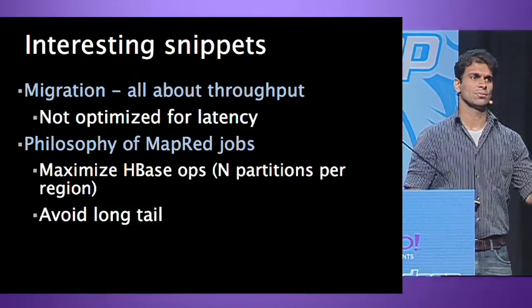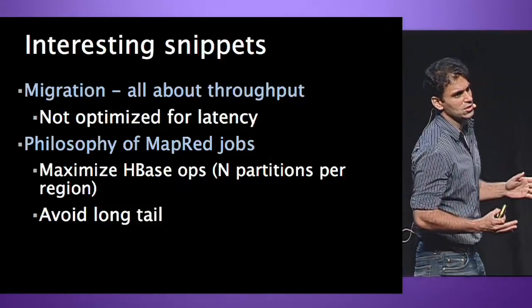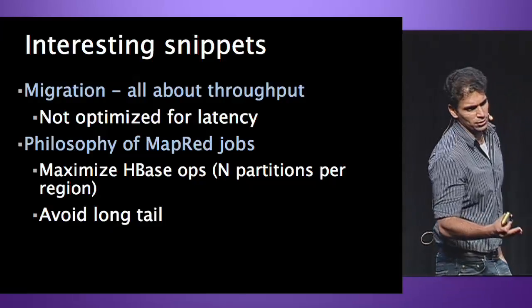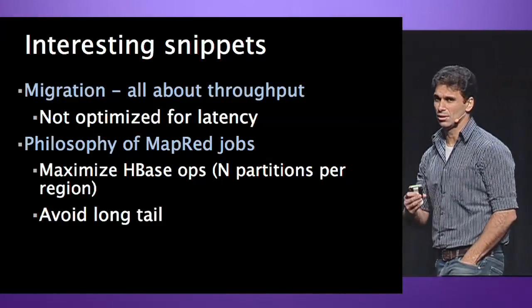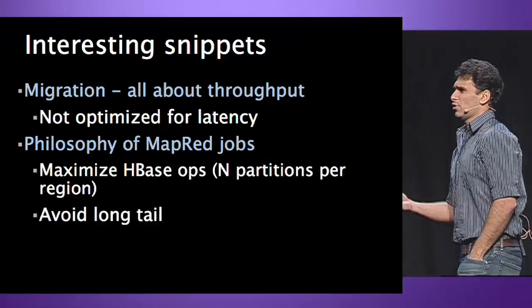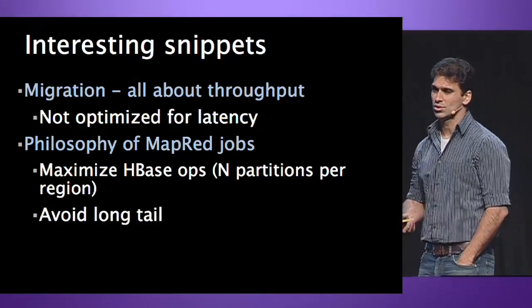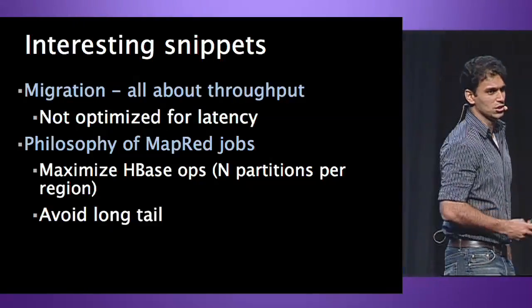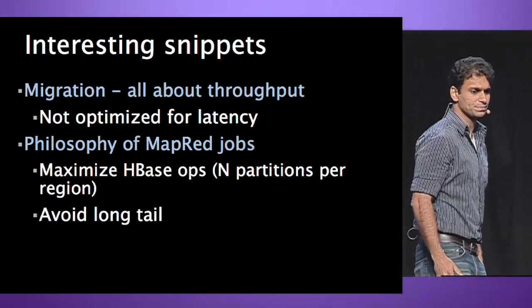But that was not enough to maximize ops, so we had to actually increase the key space to have n different partitions per region. And the second thing, which is probably true of a lot of MapReduce jobs in general, is that we wanted to avoid the long tail, which is that if you have 100 MapReduce jobs, 99 of them finish in a minute, but then the last one took a day, so the job took a day. So we wanted to cut that and make sure that all jobs were finishing roughly at the same time, so we architected all our MapReduce jobs that way.